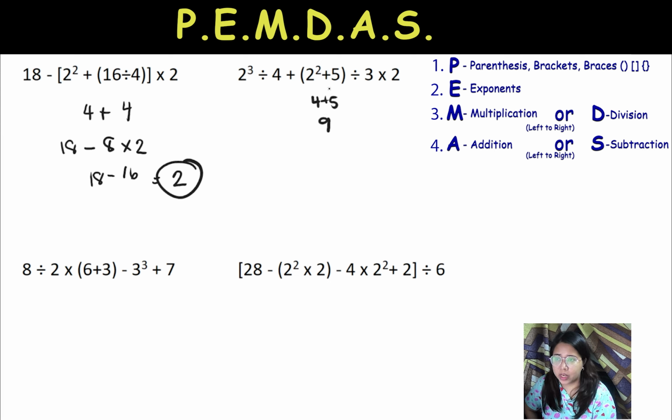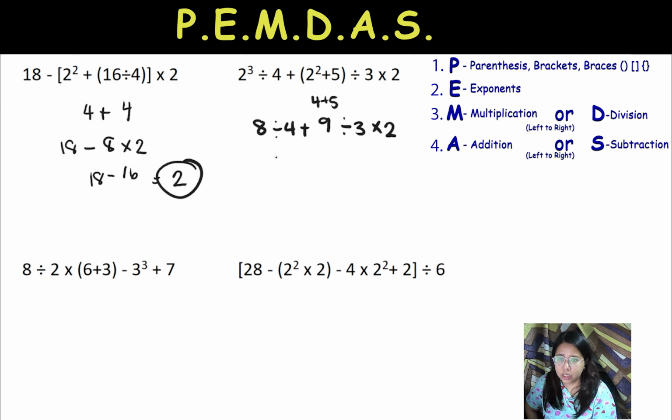Tapos, kopyahin natin yung the rest ng equation and then also solve the next abbreviation dun sa PEMDAS natin, which is exponents. So 2 cubed is equivalent to 8. Tapos, kopyahin natin the rest of the equation. So 8 divided by 4 plus 9 divided by 3 times 2.